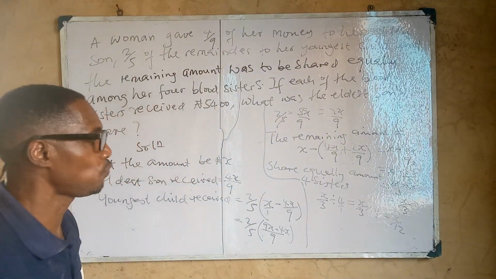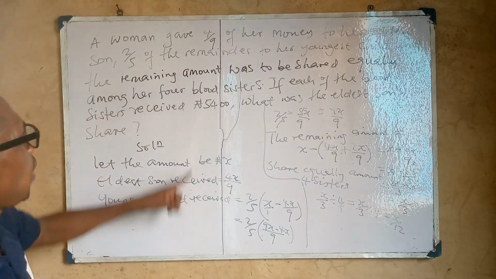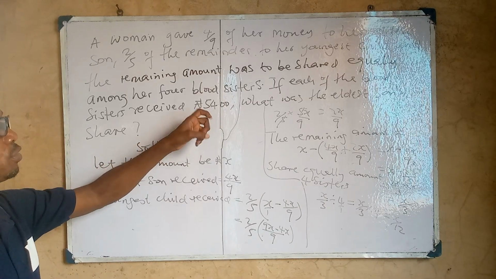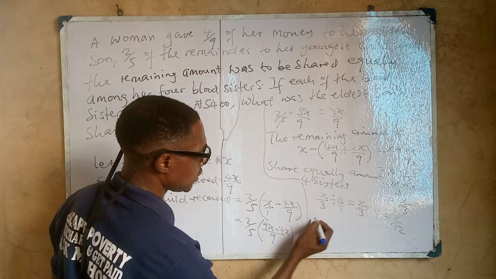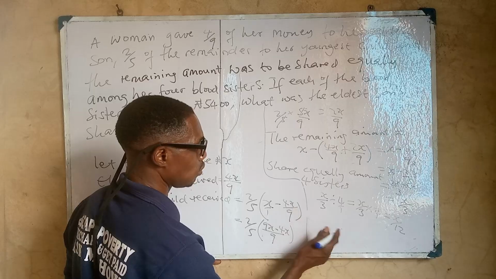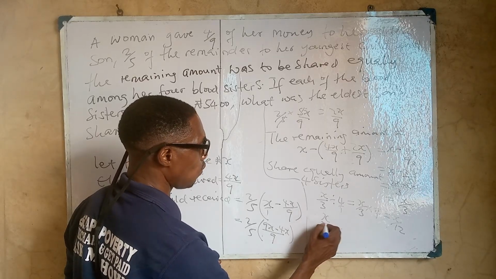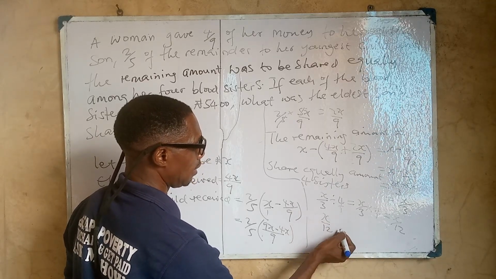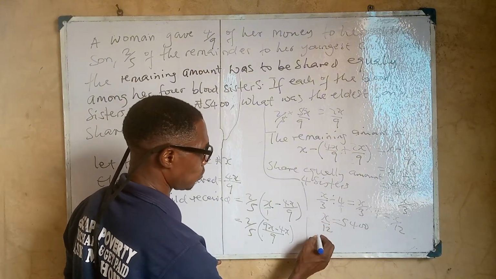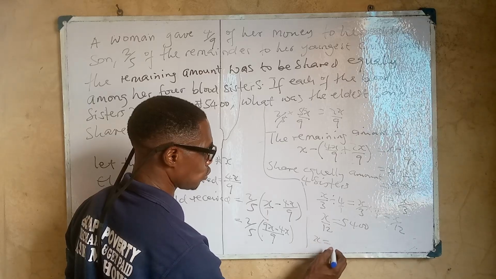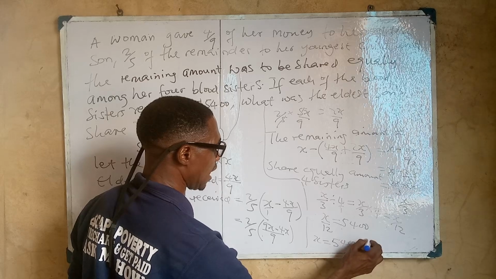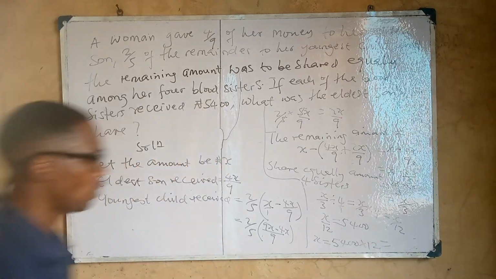Now this is the fraction for each sister, and we know from the question that each of them receives 5,400. So each sister equals x over 12 equals 5,400. If I cross multiply, I have x is equal to 5,400 times 12, and that gives us what?